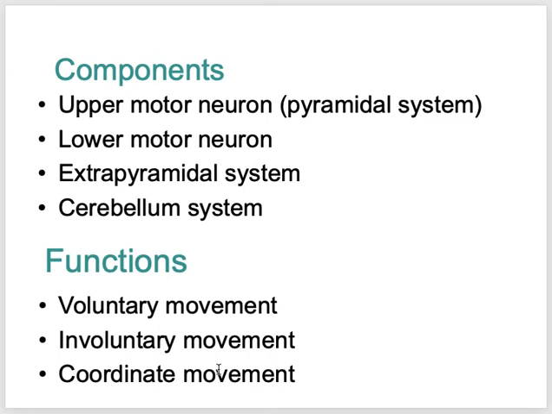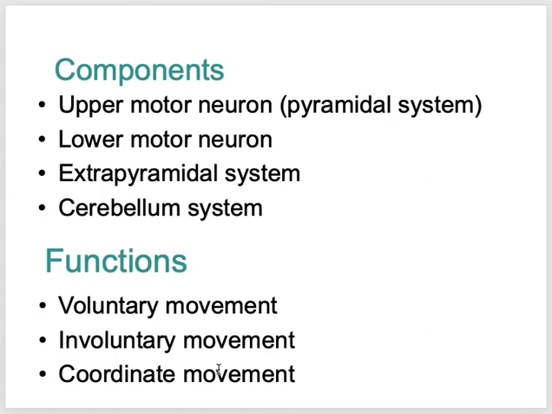So, what is the pyramidal and what is the extrapyramidal tract? Basically, two tracts. One is called corticobulbar, one is called corticospinal. These are the two major tracts which start from the brain and run downwards towards the body, and they are related to motor movement.